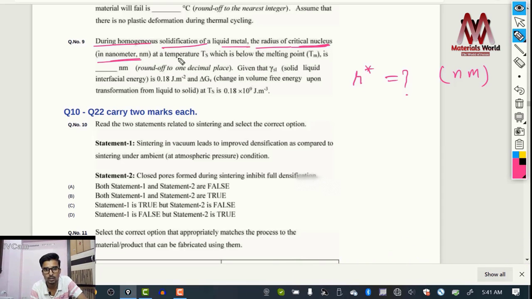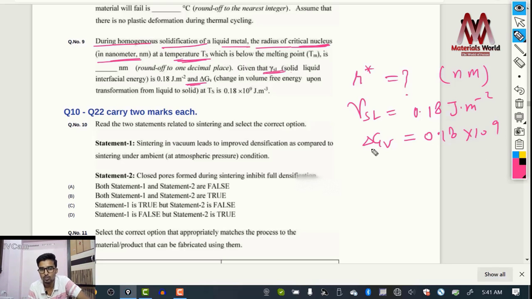The given data are gamma SL, the solid-liquid interfacial energy, which is 0.18 joule per meter square, and the change in volume free energy, delta GV, which is given as 0.18 into 10 power 9.